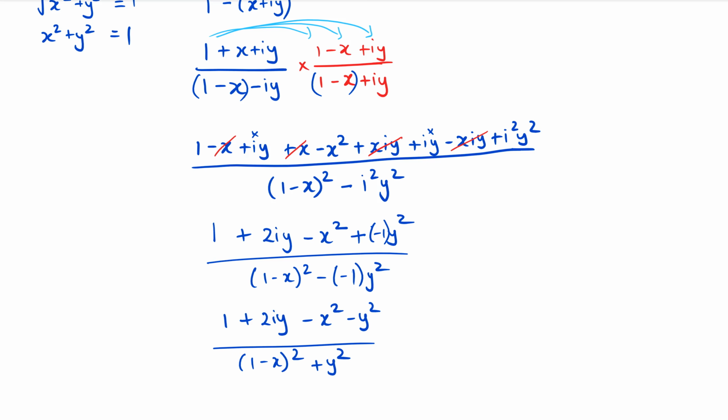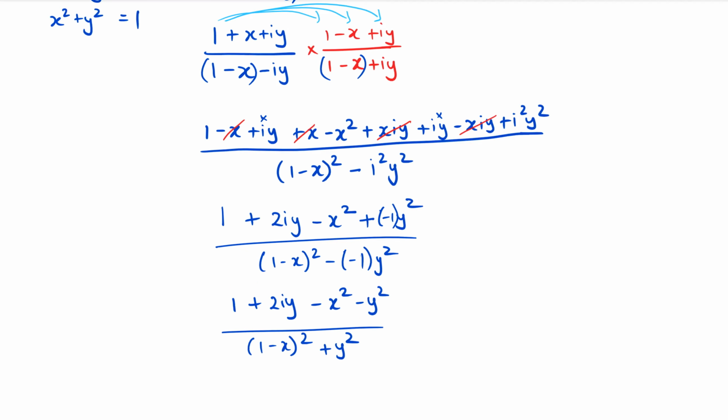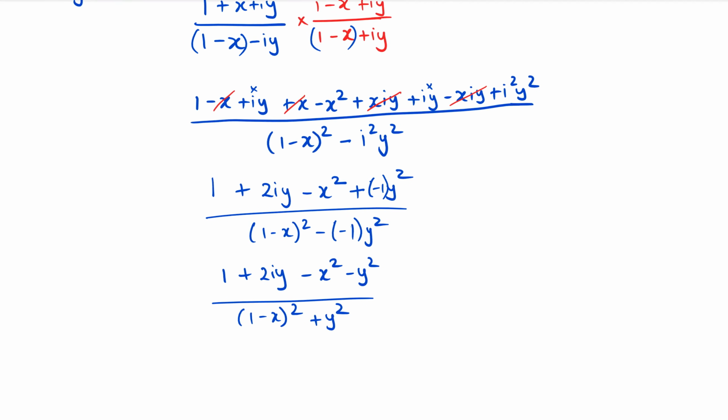Now the good thing is in the denominator there's actually no i. That's what we wanted to do. Then what we can do is rewrite this as 1 plus 2iy, and we're going to take the minus 1 out. So this is going to become minus 1 times x squared plus y squared, over 1 minus x squared plus y squared.